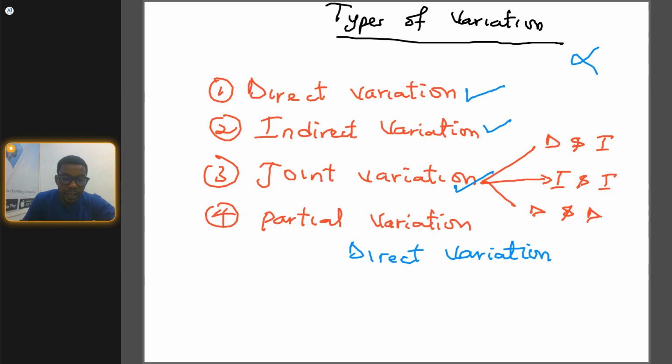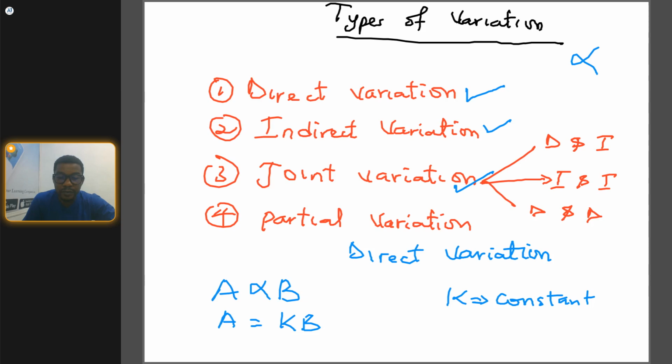So let's say A varies directly to B, or A is directly proportional to B. If A varies directly to B, that means we have A equals to KB, where K is a constant.